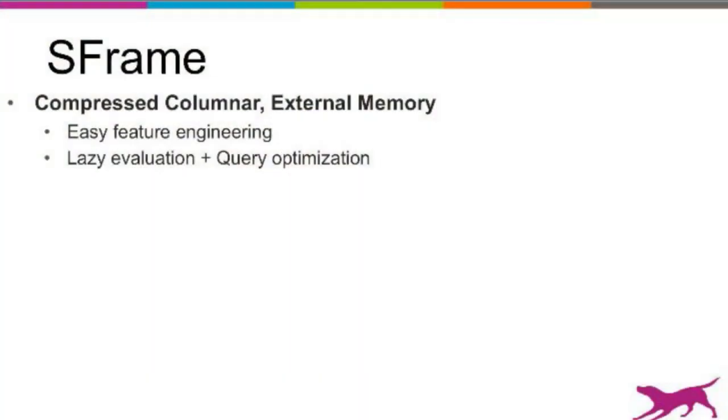So the building block of this SGraph is called S-frame, which is a compressed columnar architecture built on top of an external memory architecture. That means it is stored on disk. It is made for easy feature engineering.